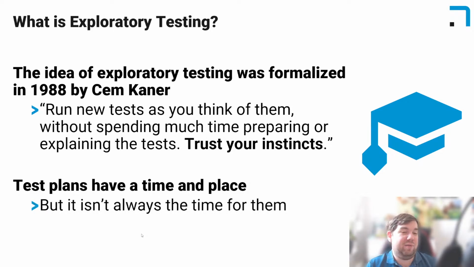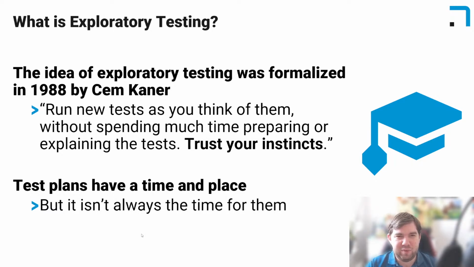We won't always have time for test plans, as we'll discuss later on when we discuss how we do exploratory testing. But also, there may be occasions in which we just don't want to do formalized testing, so that's when exploratory testing comes in. So when do we actually do exploratory testing though?